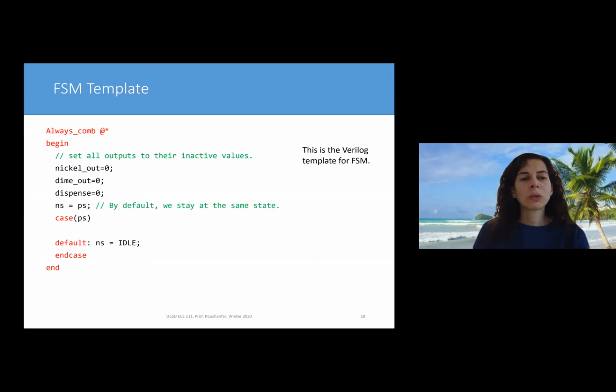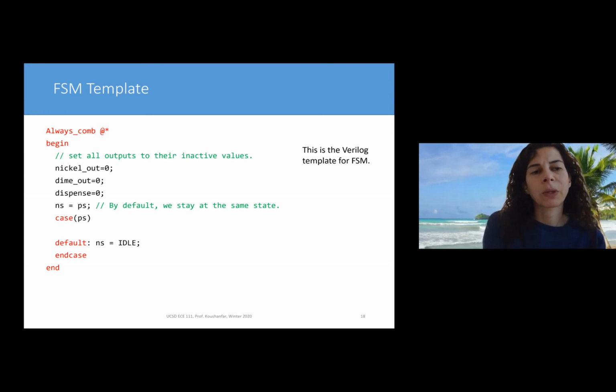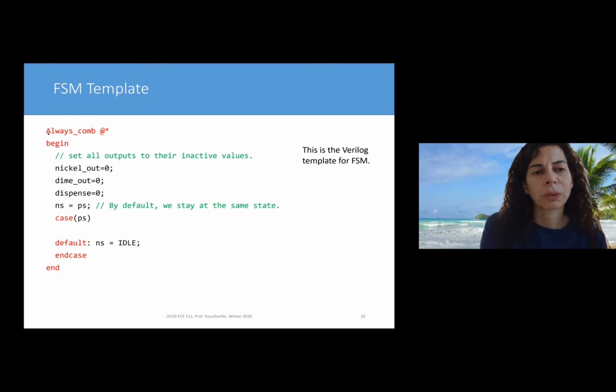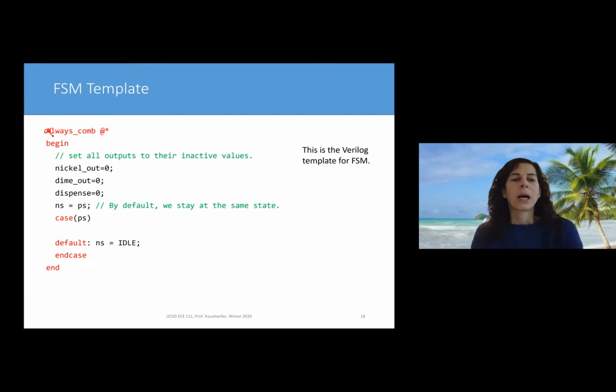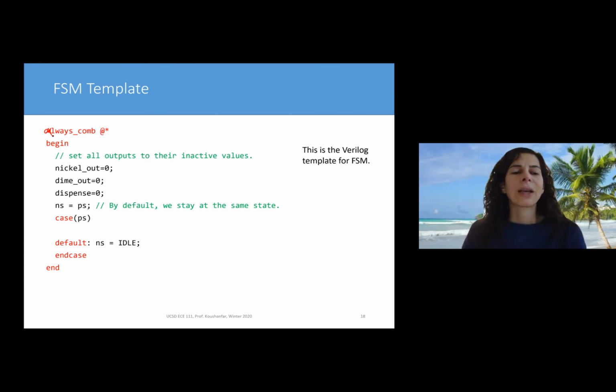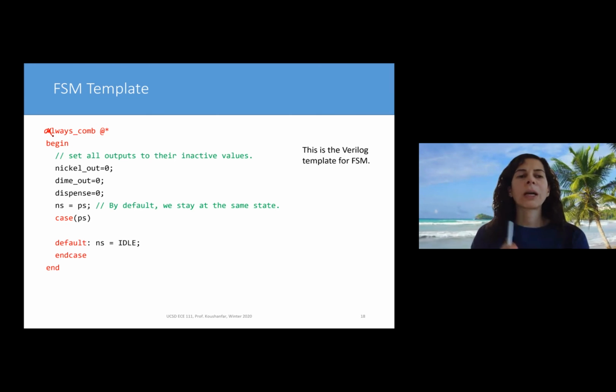The way to do this is to just have the always combinational statement. It actually should be a lowercase a. We set inactive values for the output, and then for the case, we say what happens in the first state, which is the idle state, and then when the input comes, how we transition from one of these to the other.